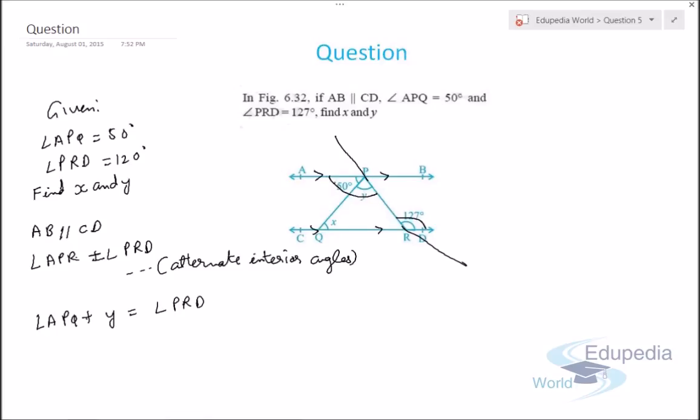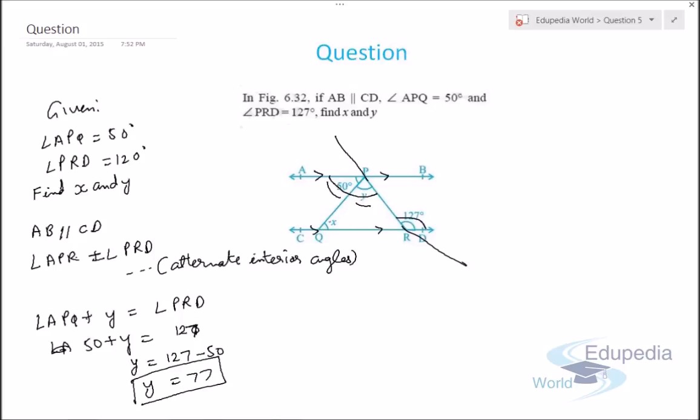We can split angle APR as this angle plus this angle. So angle APQ is 50 degrees plus y equals 127, since PRD is 127. So y will be equal to 127 minus 50, so it will be 77. So the value of y is 77 degrees.